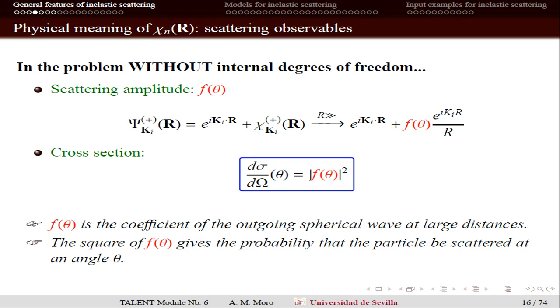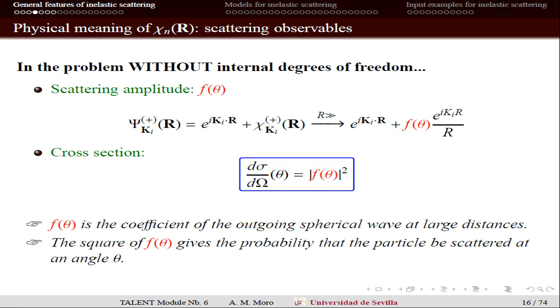In many of the expressions, if you compare with the slides that Filomena presented the previous days, she chose the incident direction as the Z direction. So this vector disappears from here, and this R will become the Z direction. But more generally, we could write it in this way.